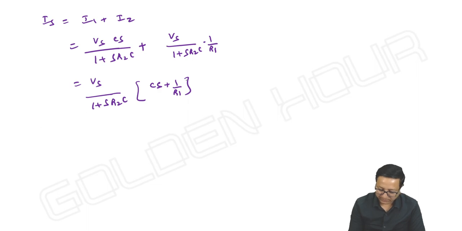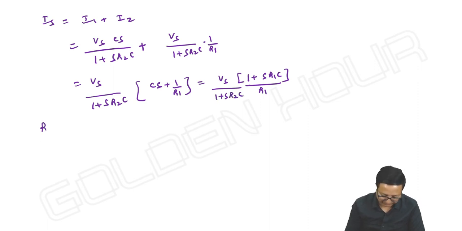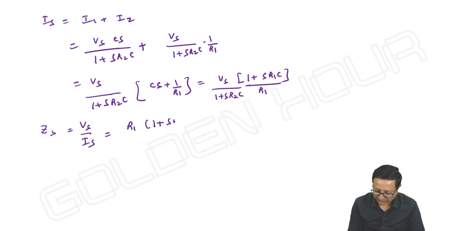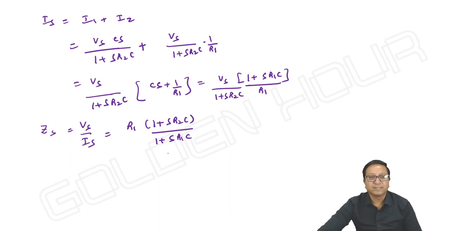Then it is further written like Vs into (1 plus SR1C) by R1, and anyway divided by 1 plus SR2C. So Zs is equal to Vs by Is, which is R1 into (1 plus SR2C) by (1 plus SR1C). That's it. This is our answer.